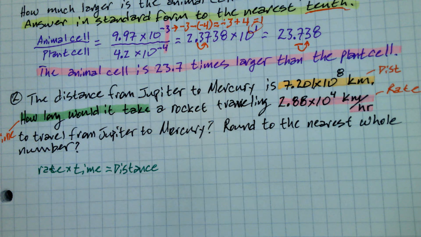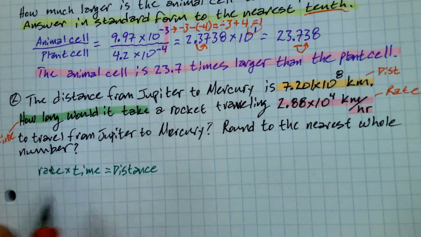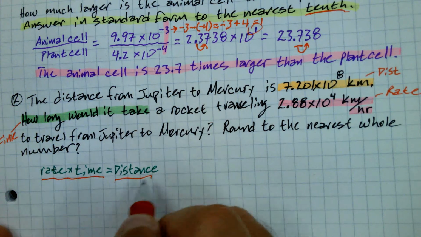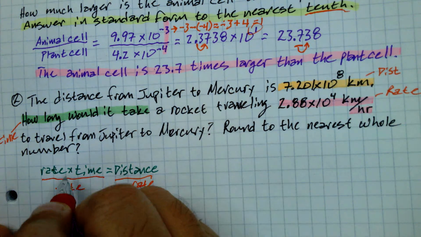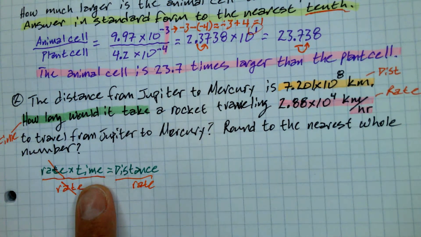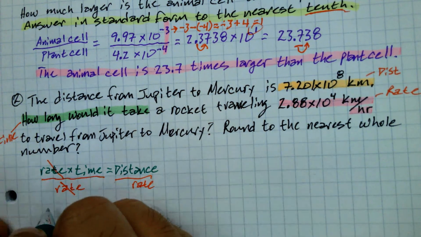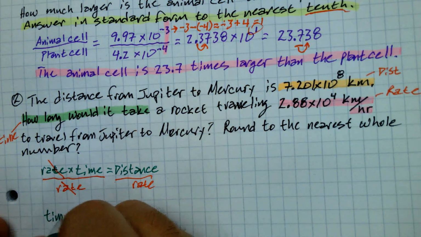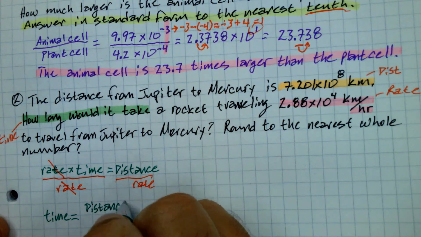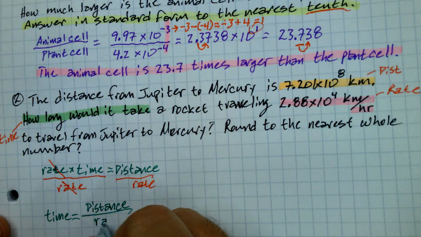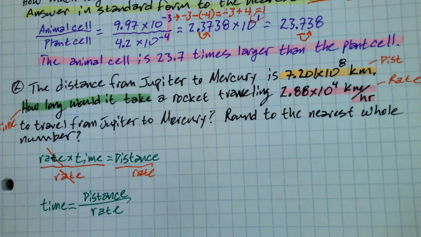So we want to convert this formula into a situation where we figure out time. Here's what you do. You divide both sides by rate. Cancel them here. And what do I have left on this side? Time. So to find the time, I want the distance divided by the rate. So it's division.